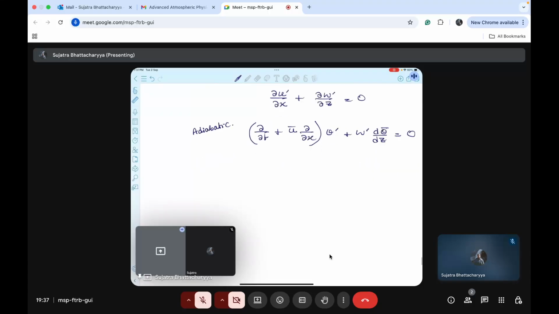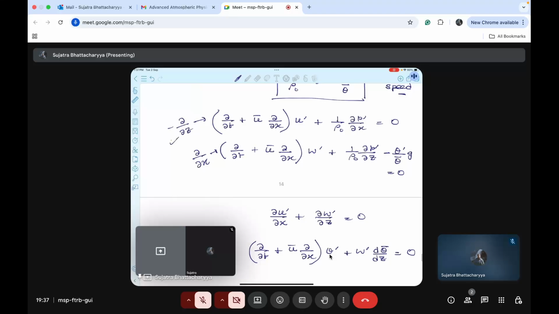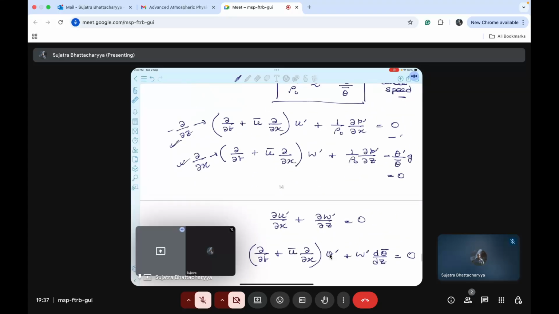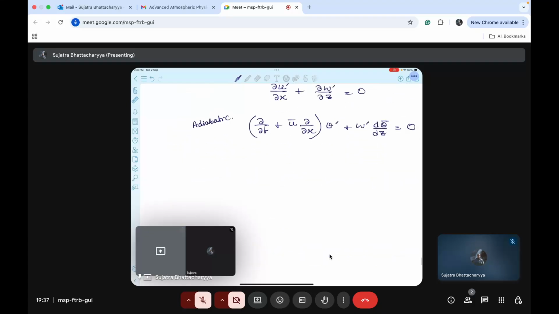Okay. So once we do this operation, let's say this is A, B. So take delta delta x of B minus delta delta z of B.